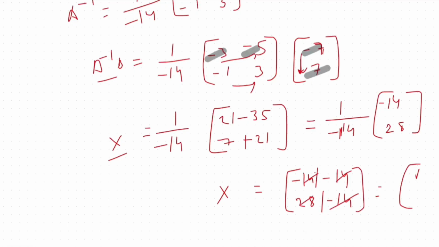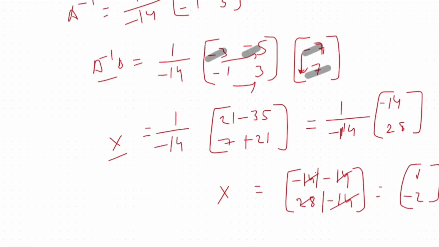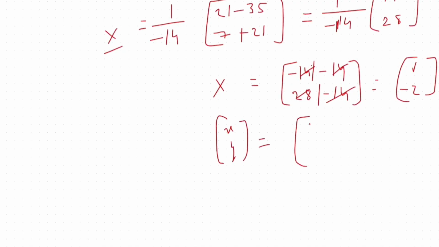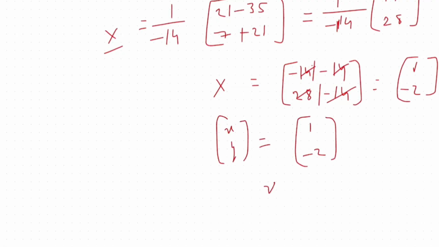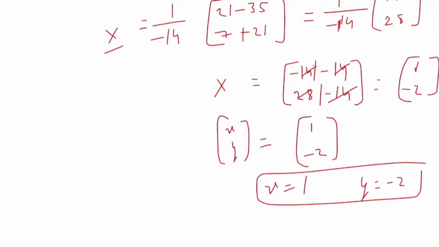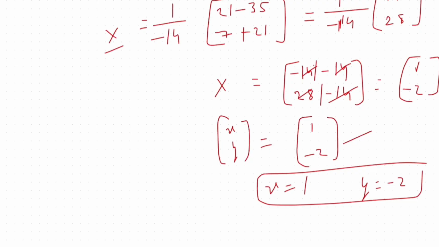So now we have x for the variables x and y, and we have two values, 1 and negative 2. So the value for x is 1 and the value for y is negative 2. So we have two values for the two variables. Basically, this represents two lines intersecting at a single point, and the system has a unique solution, which is x equals 1 and y equals negative 2.